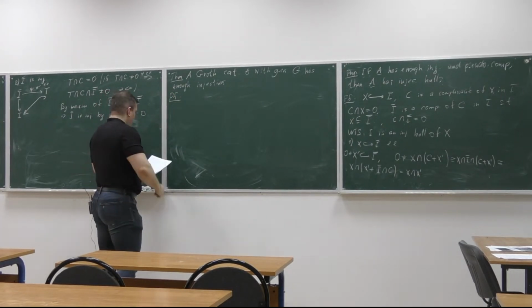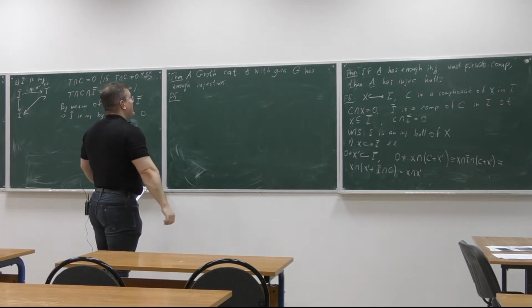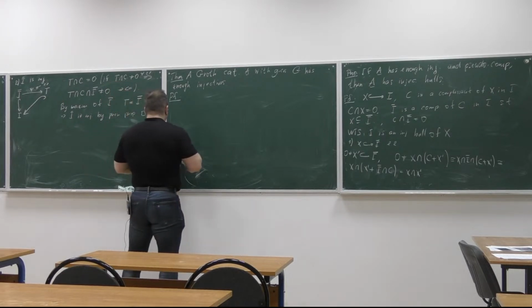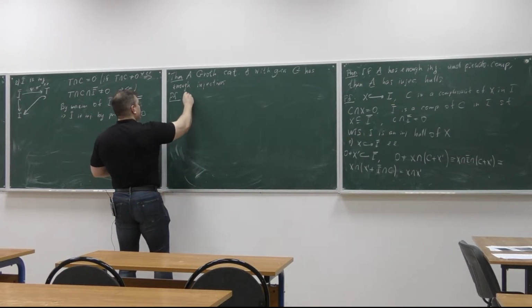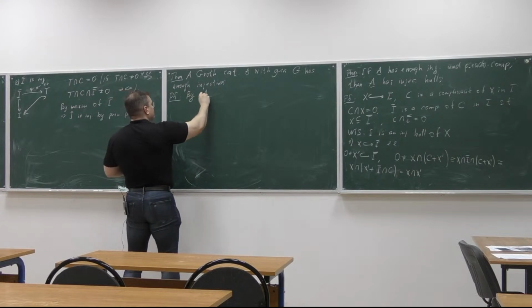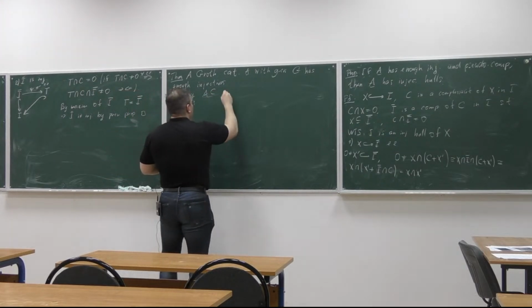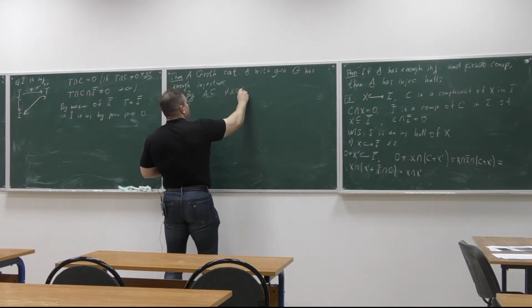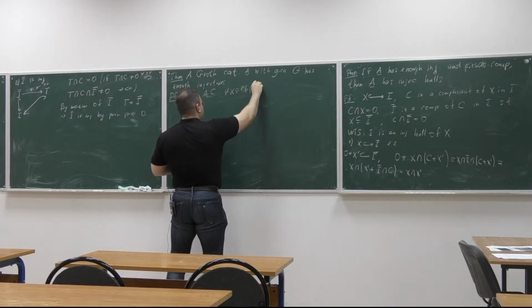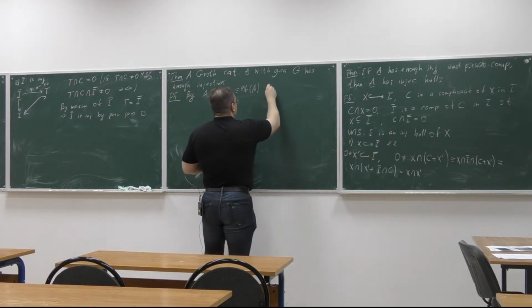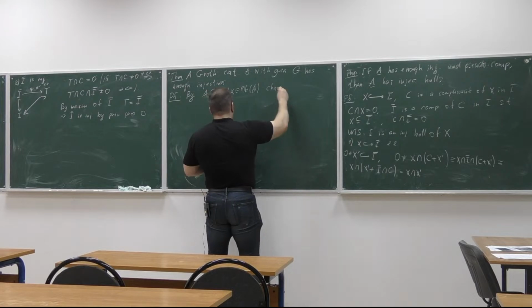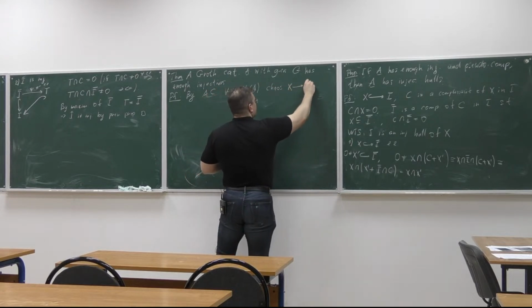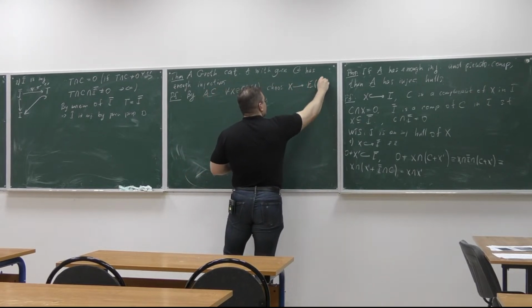Okay, proof. Essentially, the proof consists of two parts. So in the first part, I'm doing the following. I'm using the axiom of choice, so by the AC, for any x which is an object in this category, I can choose an essential extension.